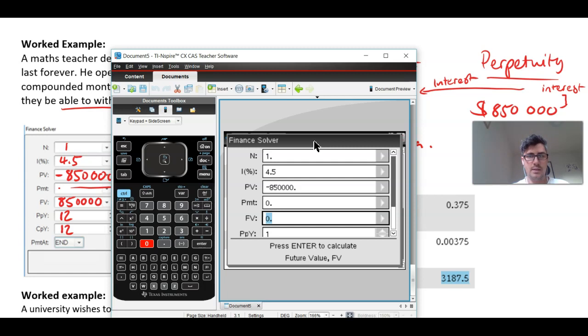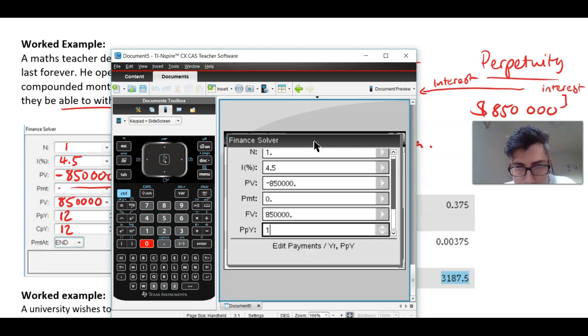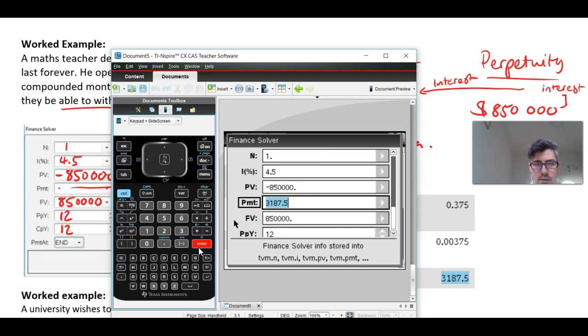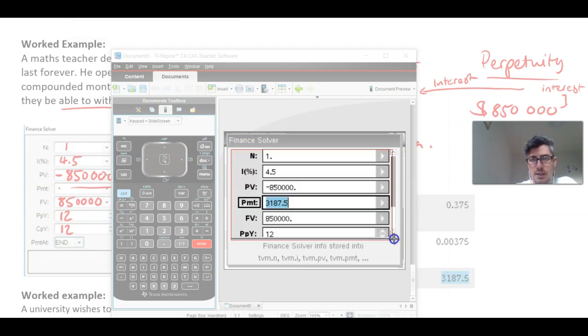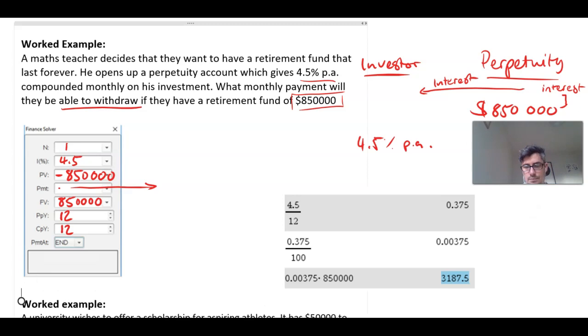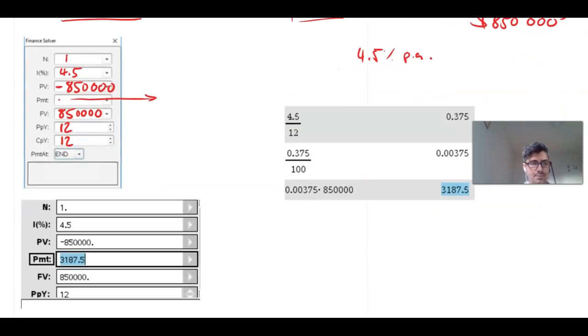Leave that blank. Positive 850,000. 12, and then we skip down to PMT and we'll press enter. And look, same value. So that is the other way of working it out. Both ways are fine, because they get the same answer.